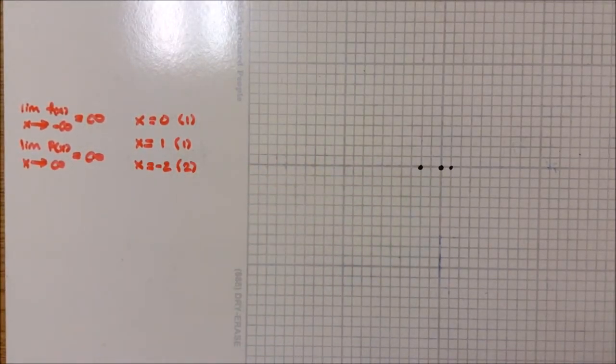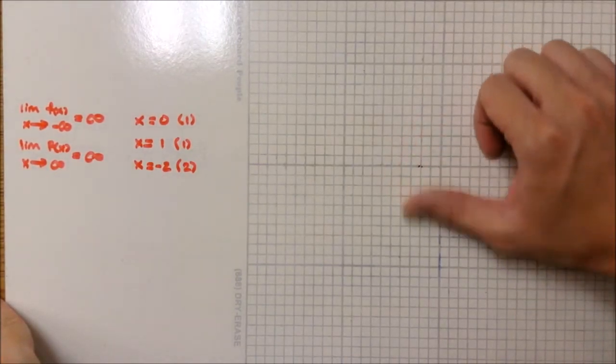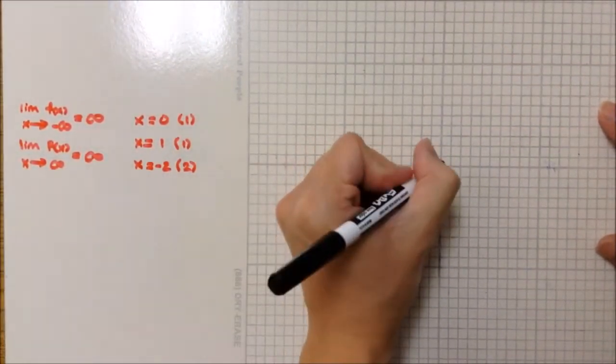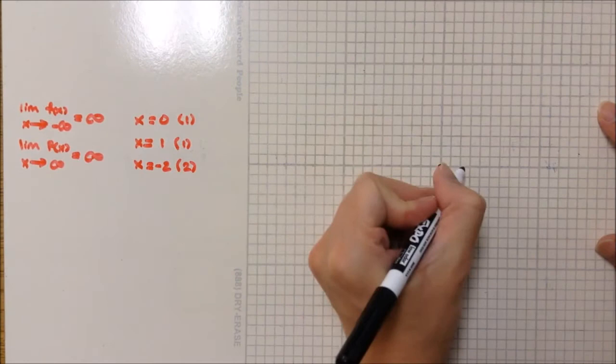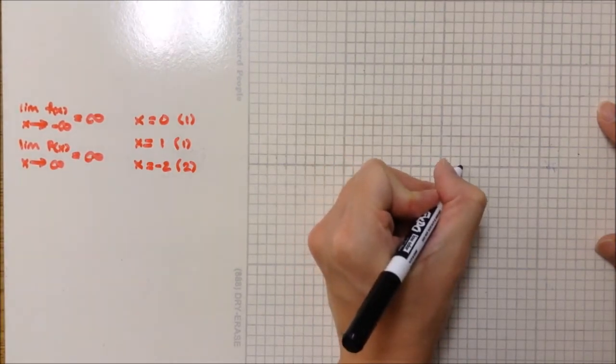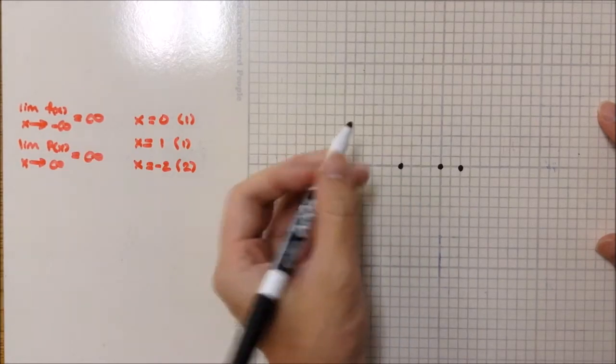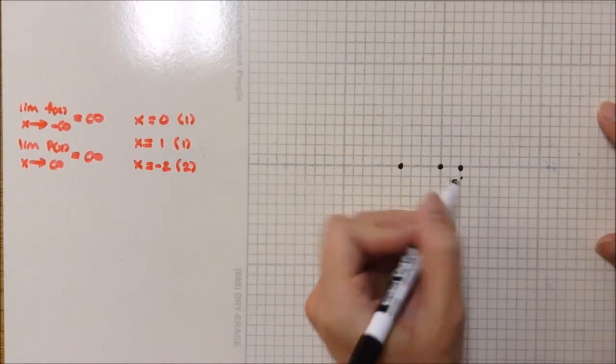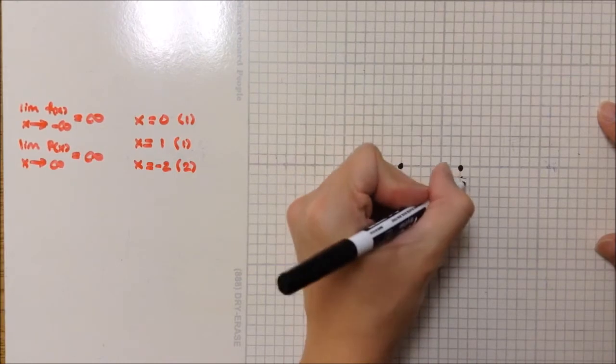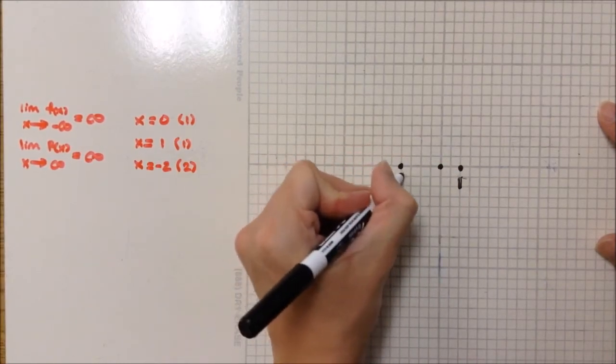So actually, let me make it wider so it's easy to see. So this is 0, and say that this is 1, and then this is -2. So I'm going to write 1 here, and then -2.